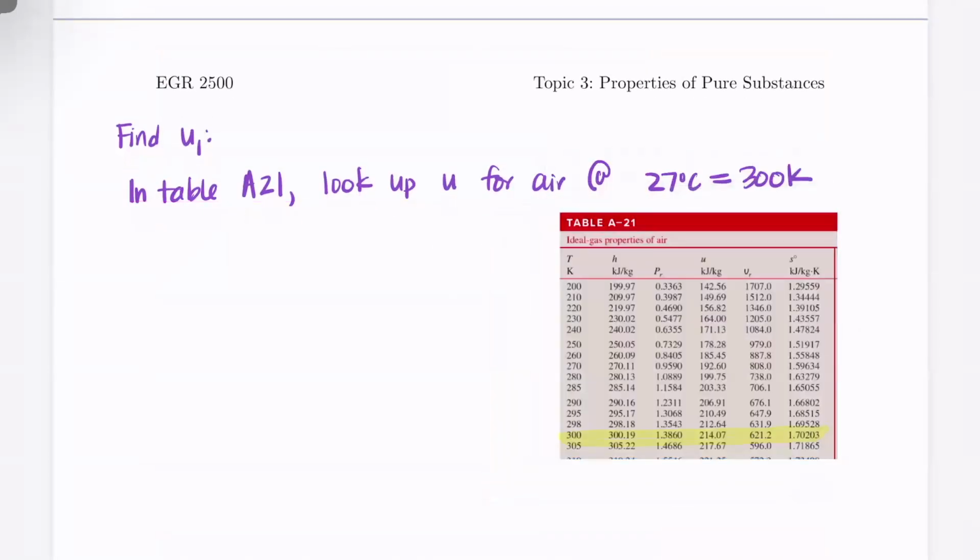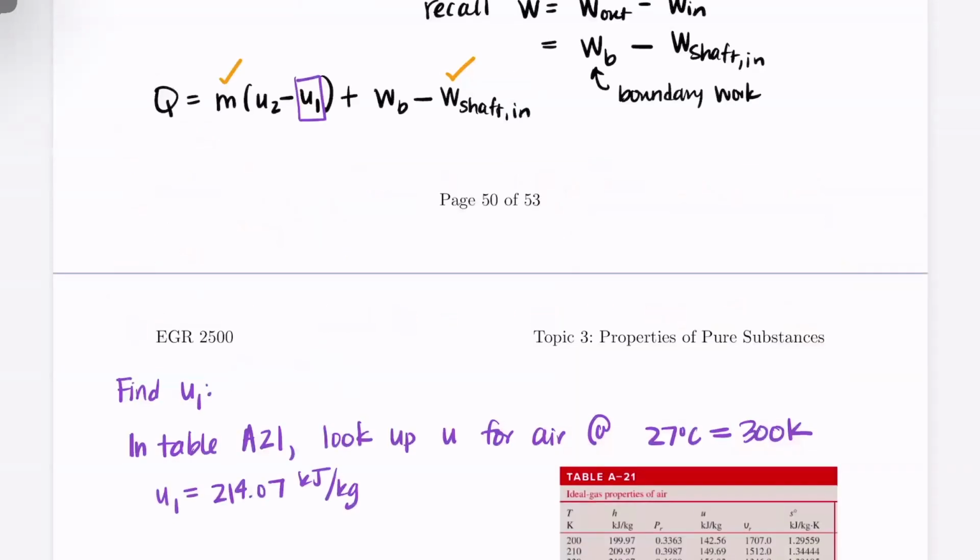All right, so from here we have that U1 is equal to 214.07 kilojoules per kilogram, right? So that's good. What about U2?